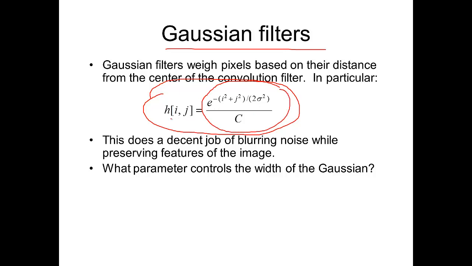There are two parameters you need to determine when you compute H: one is the variance sigma, one is parameter C. In MATLAB, they will let you input the C and the sigma, then you can get the H.